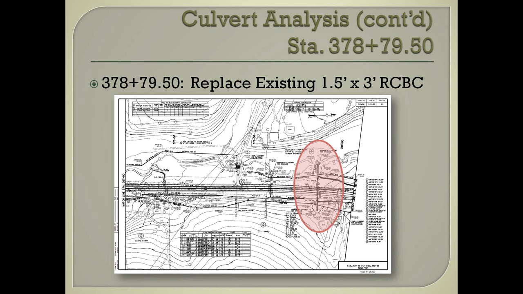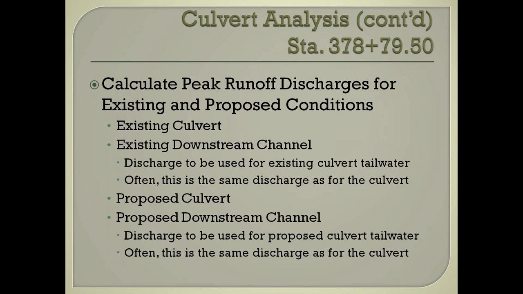Here's the plan sheet for this. The existing pipe or the existing culvert that we're replacing is a 1.5 by 3 foot box culvert, and we will first want to calculate what's the peak runoff discharge for this, both for the existing and the proposed conditions.